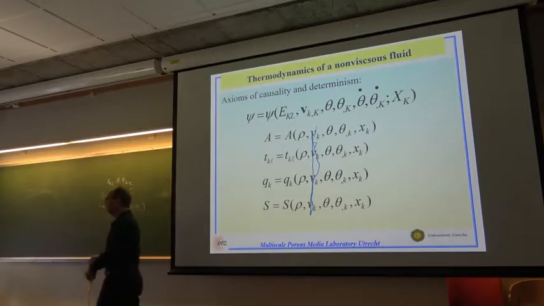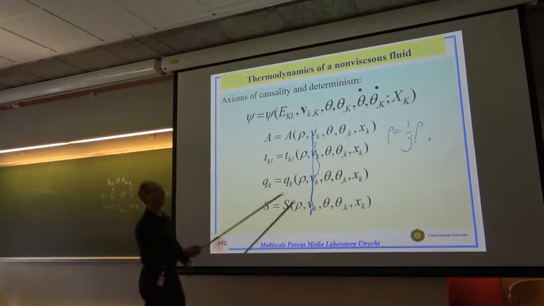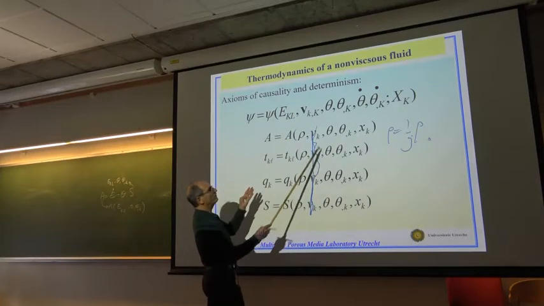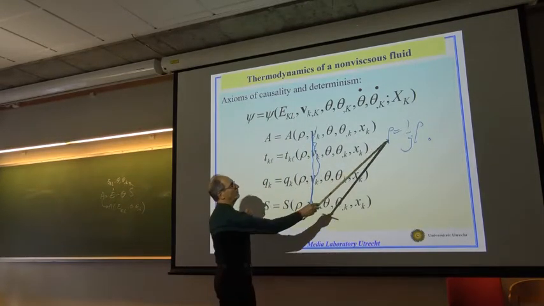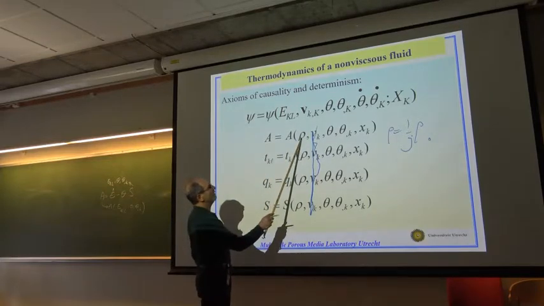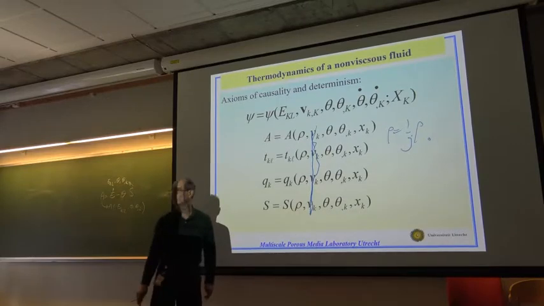Remember I said that if you have rho 0 and you have motion, you can find rho at any other time, where J is the determinant, the Jacobian of the motion. But now the motion is gone and not playing a role, so I have to include rho. So for a gas, the independent variables are rho, temperature, and theta k.